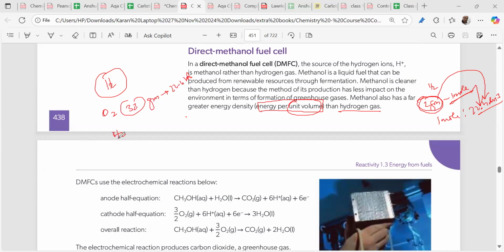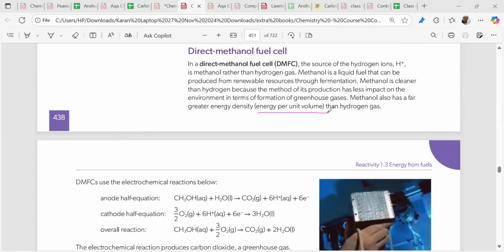On the other hand, if you take hydrogen, what's the Mr of it? 2 grams. So this 2 grams will occupy how much volume? 22.4 liters. So see the difference. A very small amount of hydrogen gas, 2 grams, occupies a huge amount of volume. So that's the reason that if you consider the energy per unit volume, methanol has a far higher energy density. Energy density is energy per unit volume, than hydrogen gas.